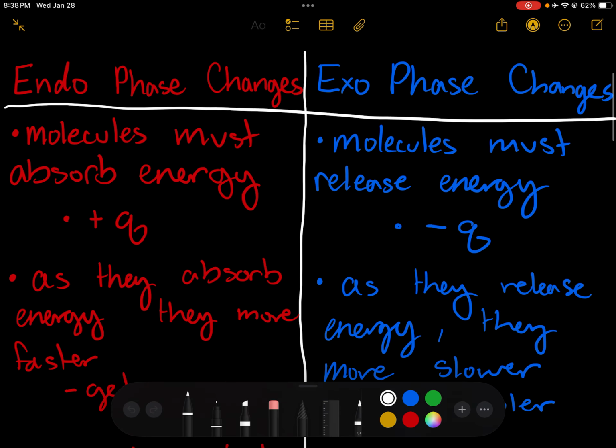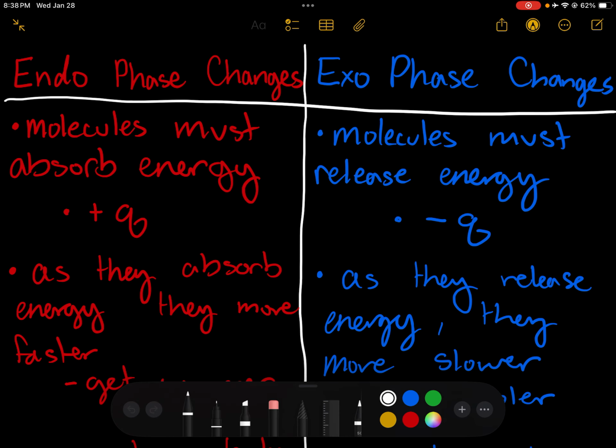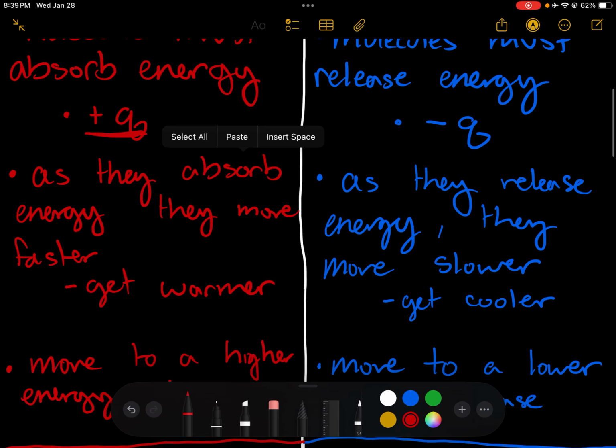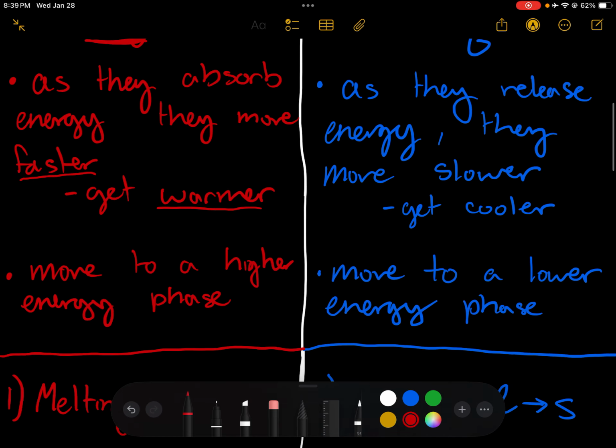So with an endo phase change, that means, as we know, that something is absorbing energy. In this case, our molecules are absorbing energy. So their Q value, if we were to measure that, would be a positive value. As those molecules absorb energy, they start to move faster, and as such, they're going to get warmer, which means that if they get warmer over time, they're going to move into a higher energy phase.